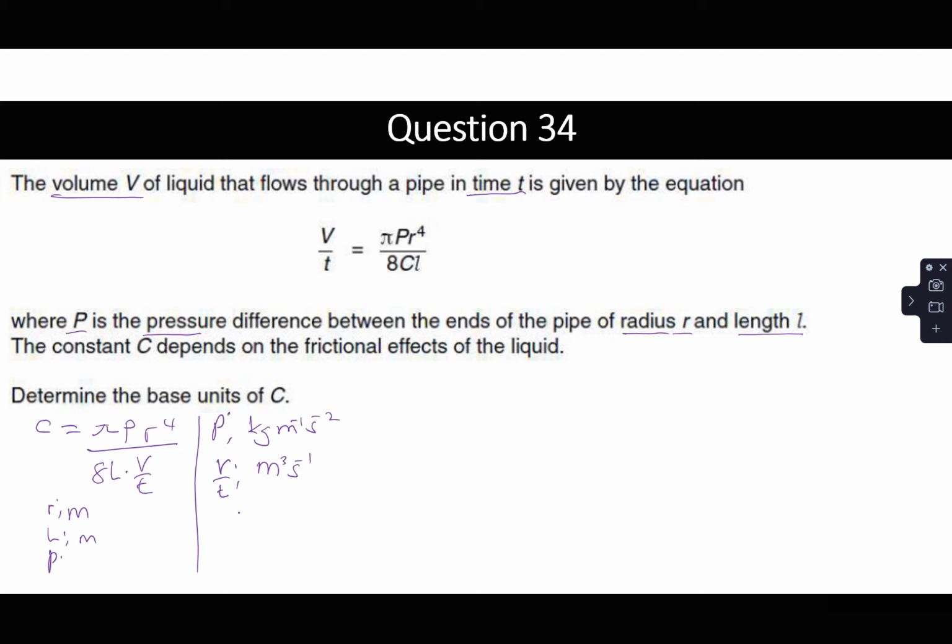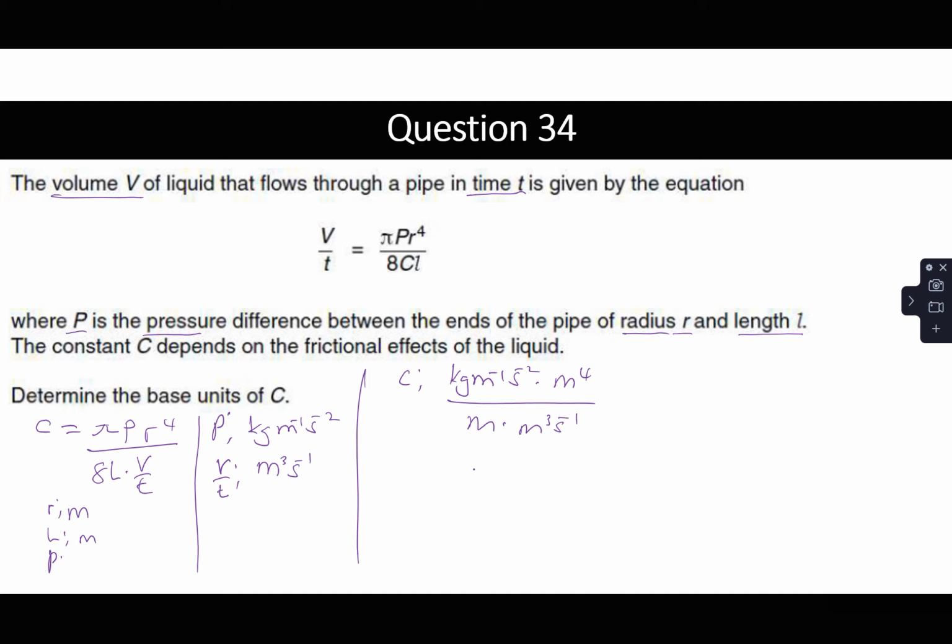Pi and 8 will not affect the base units. Therefore, the base units of C will be those of kilogram per meter per second squared for P, times m power 4, since radius is raised to power 4, divided by L, which is meters, and V over T, which is meters cubed per second.